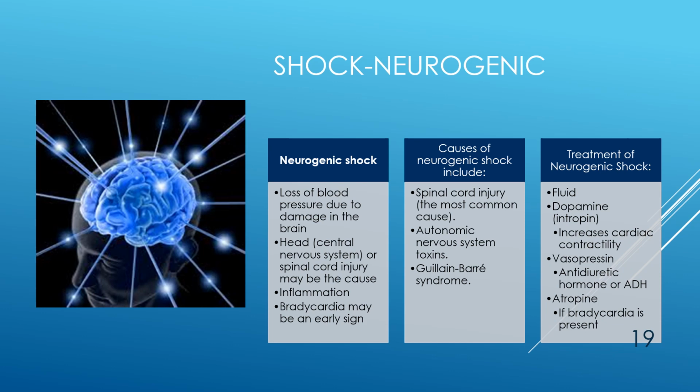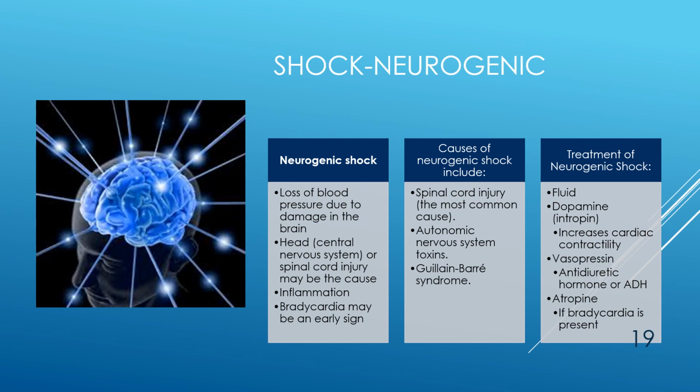What causes neurogenic shock? Typically, the most common cause is some kind of spinal cord injury. It could also be caused by autonomic nervous system toxins. It could be some medication, something you take that impacts the brain. It impacts the blood pressure, your heart rate, everything. Really severe. It could also be Guillain-Barré syndrome.